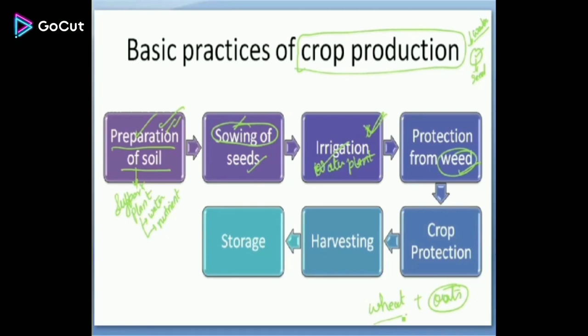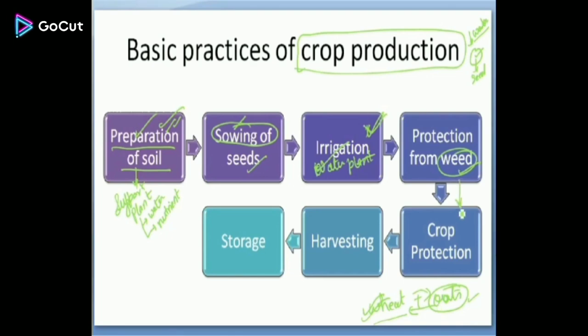We all know that oat is a food product for us, but in this case it will act as a weed because it will compete with the main produce, that means with wheat, for minerals, water, space and so on. So we have to protect our plant, that is wheat, from the weeds. The weed is the plant which we do not want, which will compete with the main crop that we are growing.